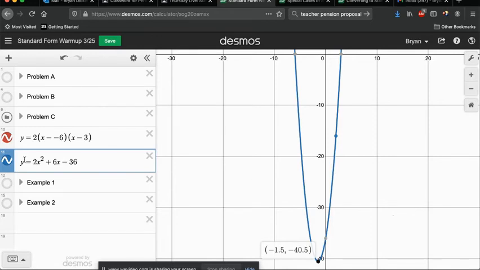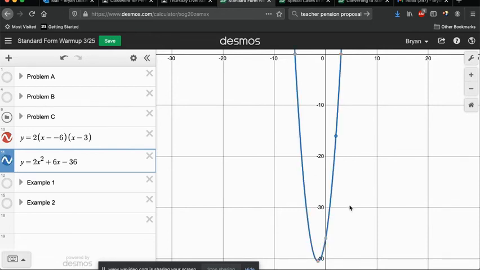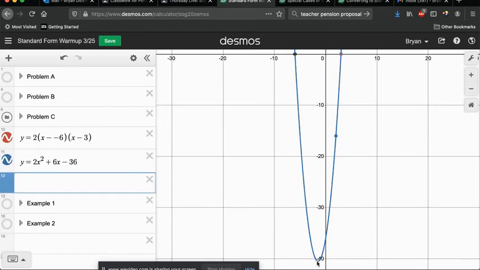So before, when I didn't know what the parabola looked like, I just knew the x-intercepts. All I could do was create the factored form. But then once I knew factored form, I could quickly find standard form. But now the question is, what about vertex form? And if we look right here, we can see the vertex is at negative 1.5, negative 40.5.